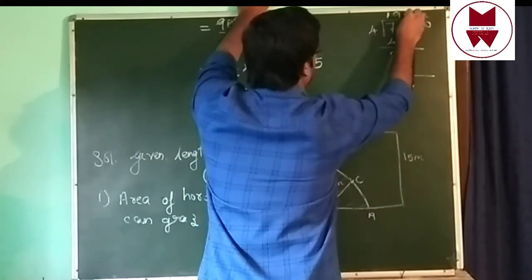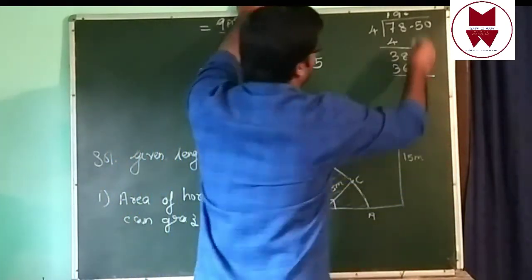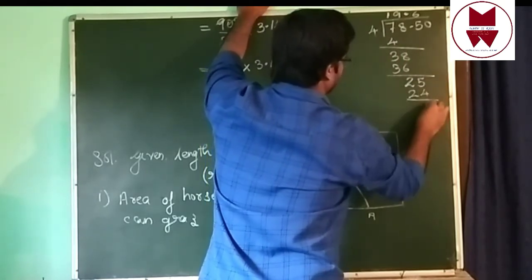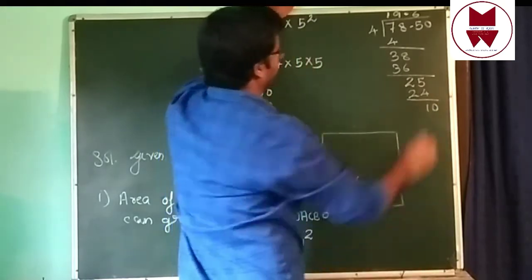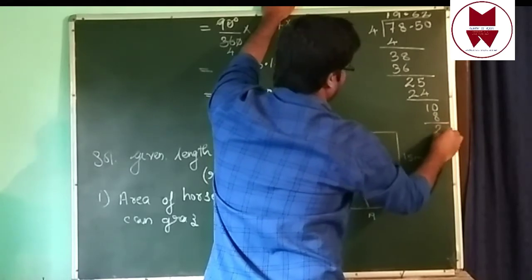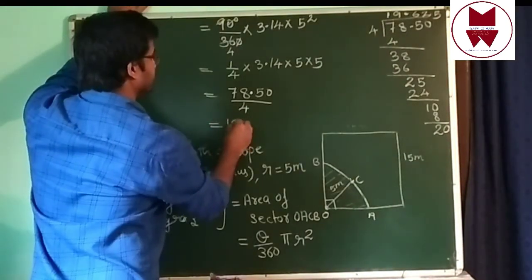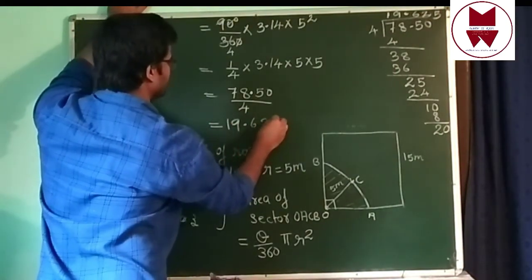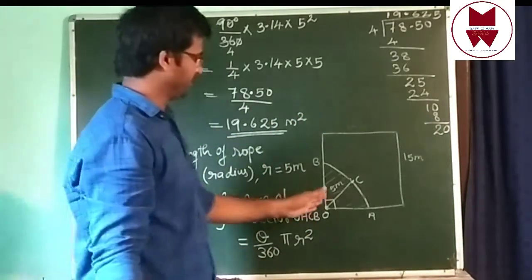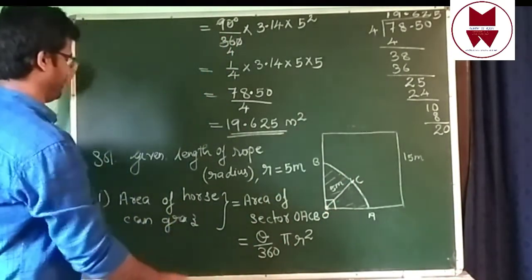The next point we put in the answer also. Bring 5 downside. In 25, 6 times. 6 into 4, 24. Then 1, 0. Bring 0 downside. In 10, 2 times. 2 into 4, 8. Then remaining 2, 20. In 20, 5 times. We will get 19.625 meter square. Don't write centimeter square, because the length of rope is 5 meter only. That is our first answer, Roman number 1.